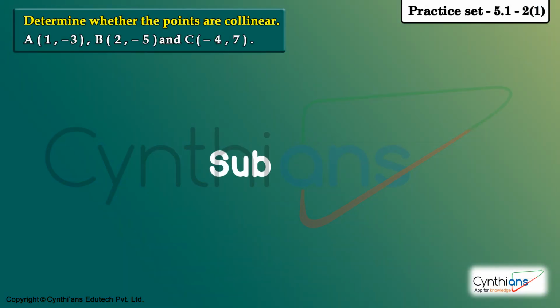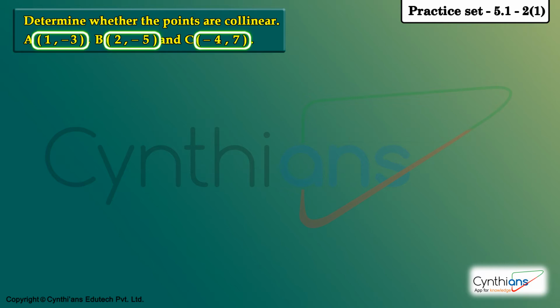Let's look at sub question number 1 from question number 2. The question says, point A has coordinates 1, minus 3. Point B has coordinates 2, minus 5. And point C has coordinates minus 4, 7. This question is given to you. Now do you know what to do? You have to find the distances from their coordinates by the distance formula. Let's solve, you will understand in the first sum.